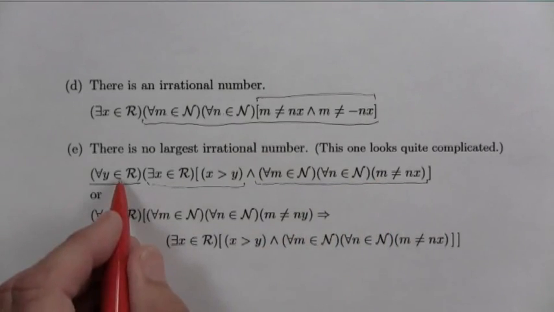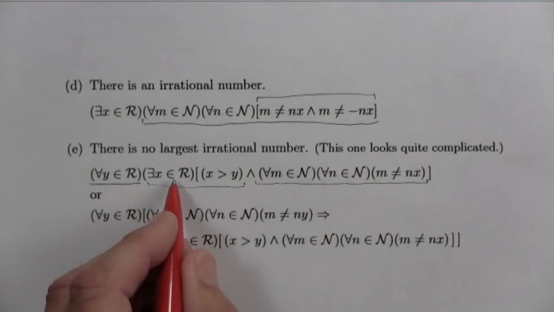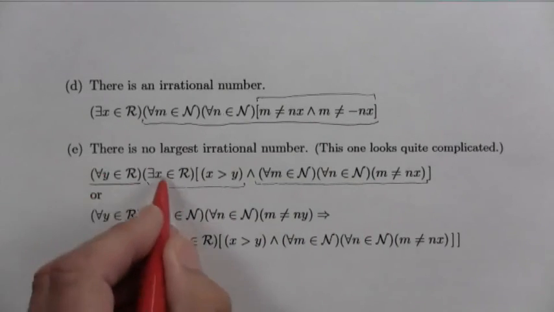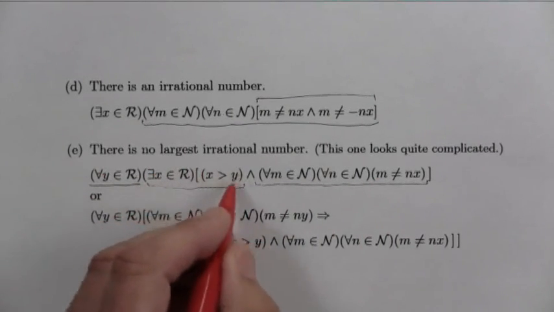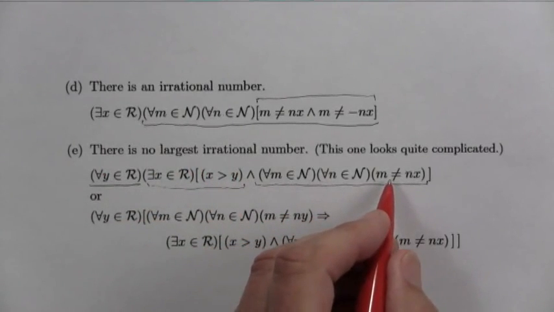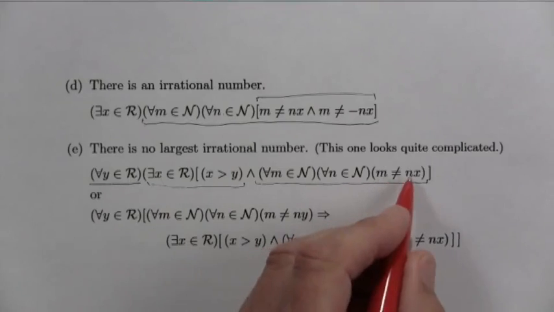So given a real number, I can find a bigger real number which is not equal to the quotient of two integers m and n.